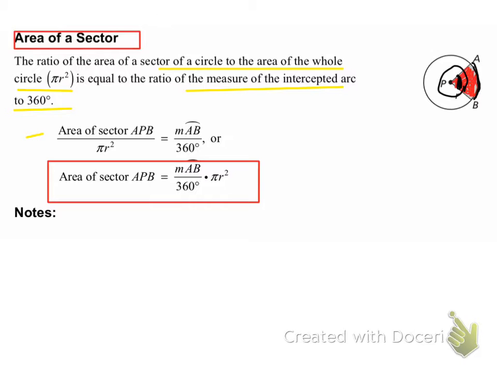That part is given here: the measure of arc AB over 360 times the whole area. So it's basically a fraction of degrees times area.